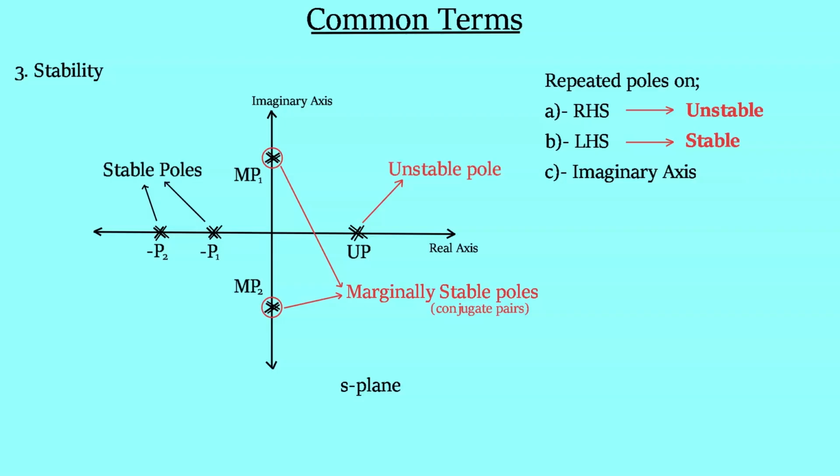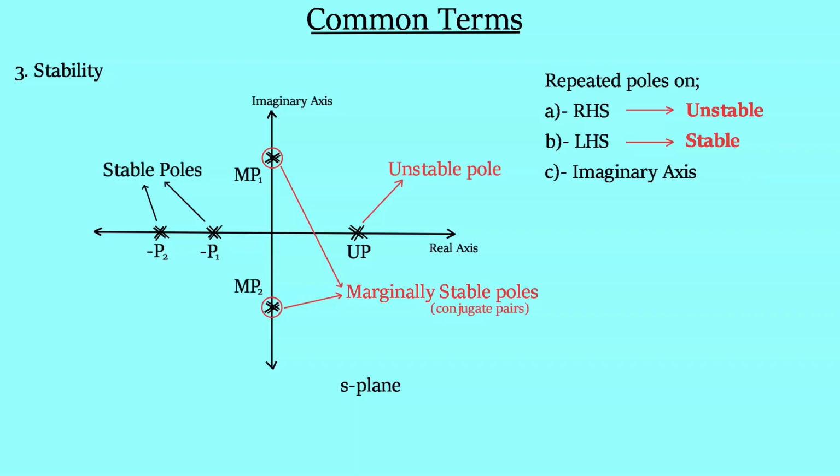These two words, multiple roots and repeated roots, are not exactly the same. Now let's see what happens when we have repeated poles on the right hand side of the S-plane. If that happens, the system will remain unstable. Similarly, if we have a system which consists of poles which exist only on the left hand side of the S-plane, then the system will remain stable.